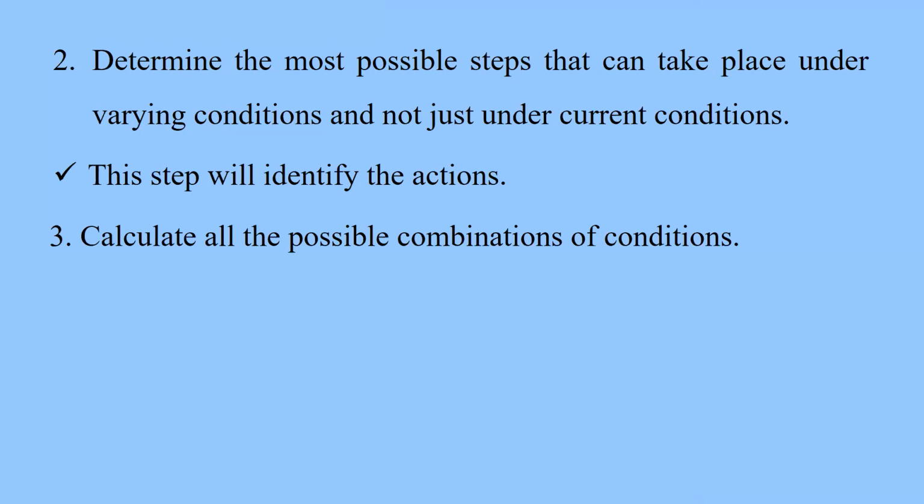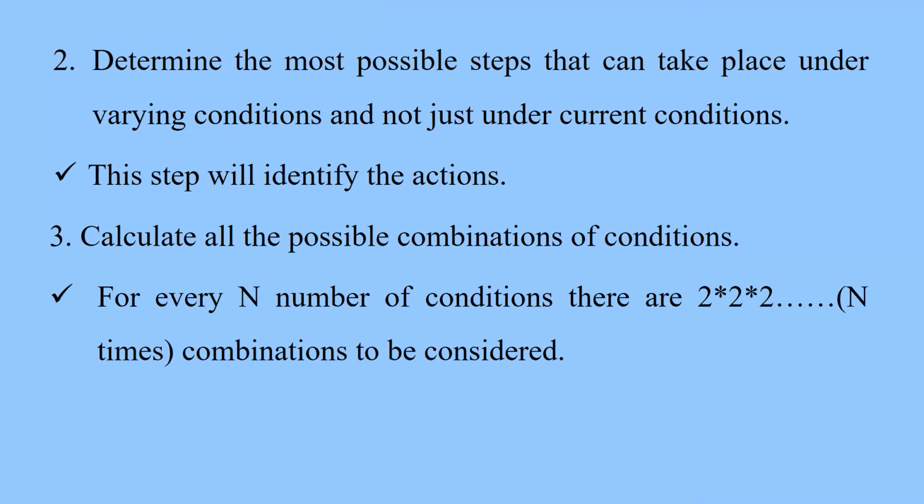Number 3, calculate all the possible combinations of conditions. For every number of conditions, there are always a number of combinations to be considered. Therefore, you should consider all the available combinations or alternatives based on each condition.